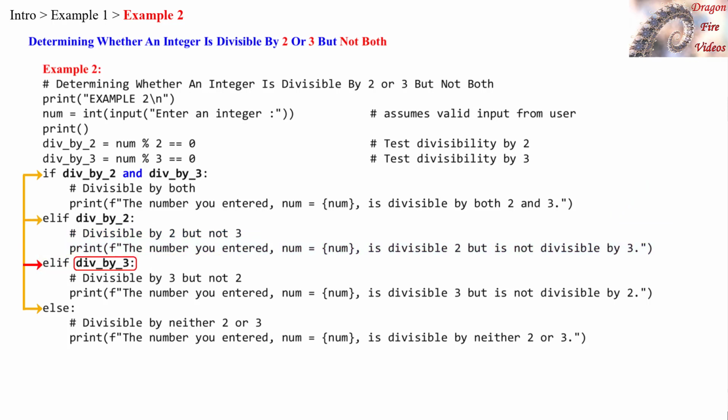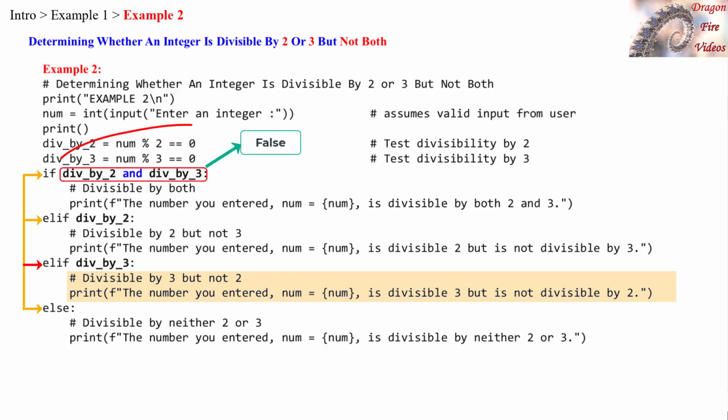Else, it's divisible by 3. Again, if it enters this code block, we see that it's divisible by 3, but not divisible by 2, because, of course, we've already tested whether it's divisible by both. So in both of these cases, we're implicitly saying it's not divisible by the other number.